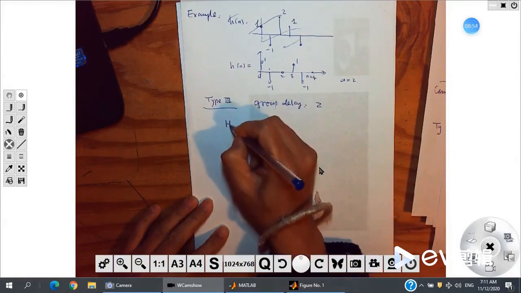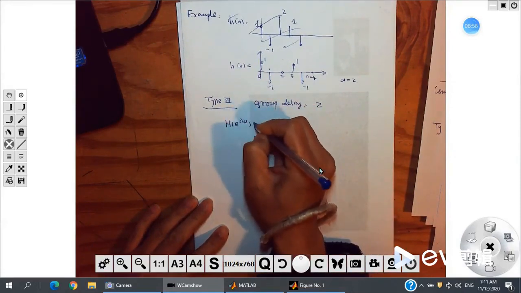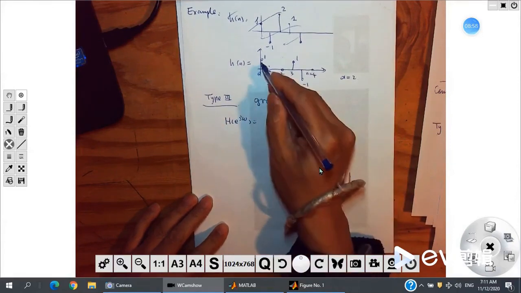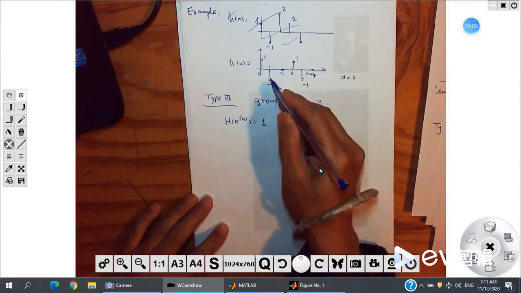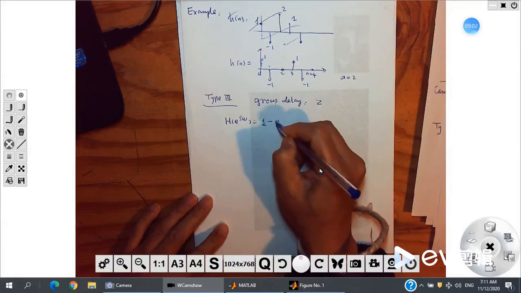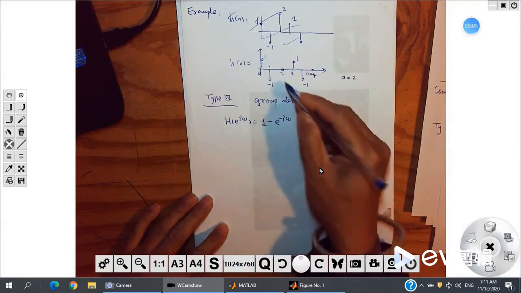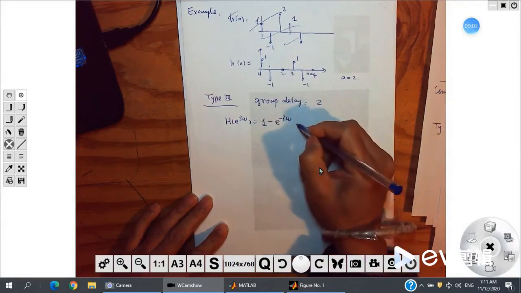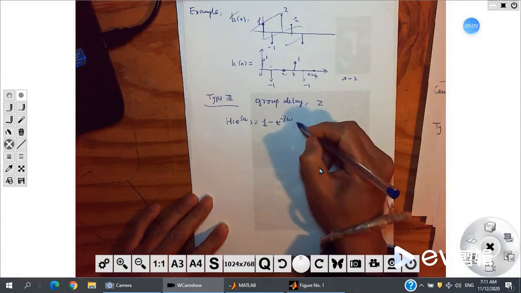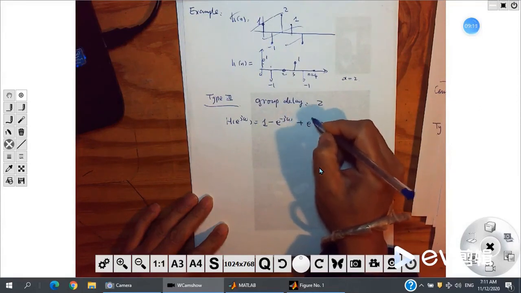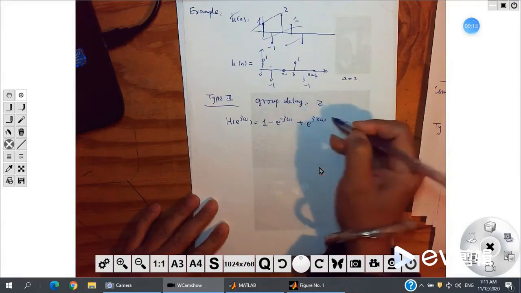The h of e to the j omega will equal to, this is 1, then I have 1. This is negative 1, then the minus e to the negative j omega. Then I do not have 2, and I have 3. It's positive e to the j 3 omega, and then negative 1.